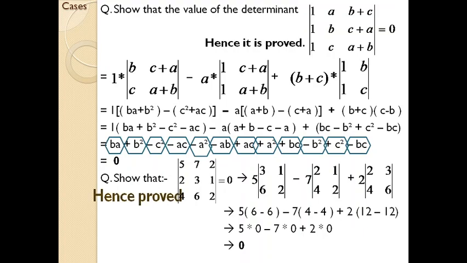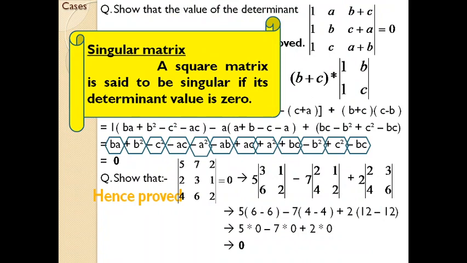The next one, singular matrix. What is meant by a singular matrix? If you are dealing with a matrix and you are finding the determinant of that particular matrix, and if you end up with a value 0, that particular matrix is known as a singular matrix.